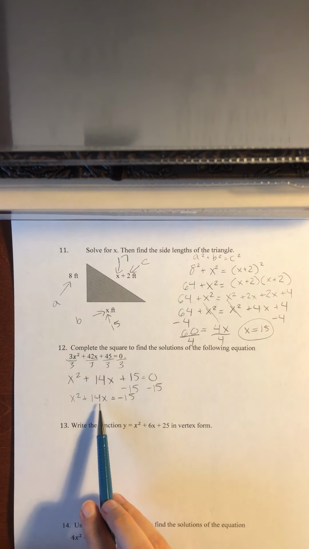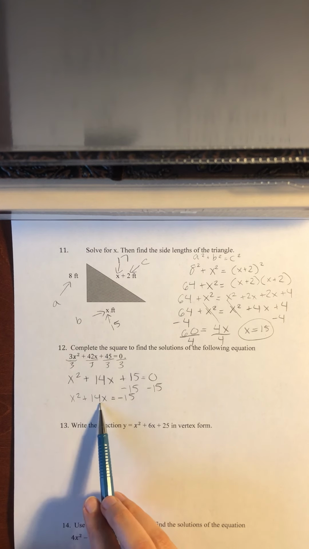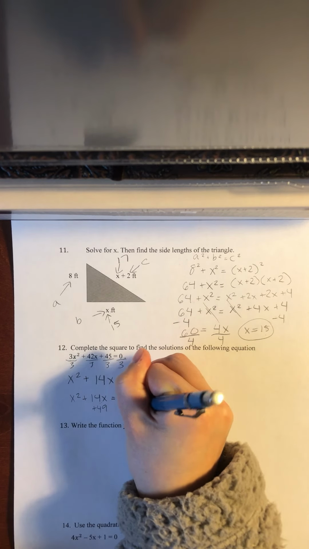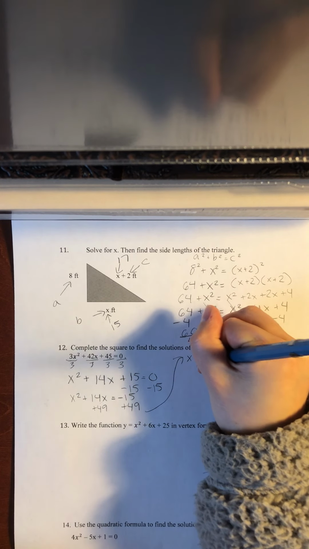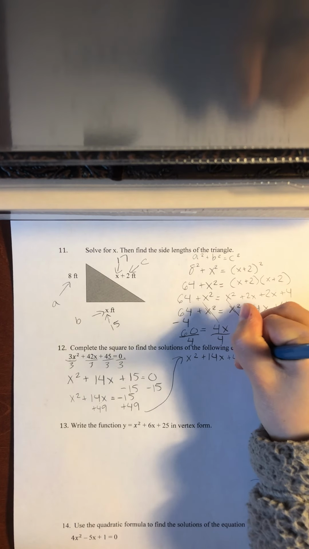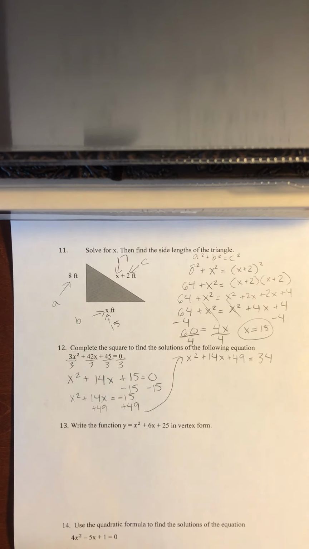We're going to take half of the middle term and square it and then add that number to both sides. So half of 14 is 7, and 7 squared is 49. So we're going to add 49, add 49. That gets us to x squared plus 14x plus 49 equals 34.